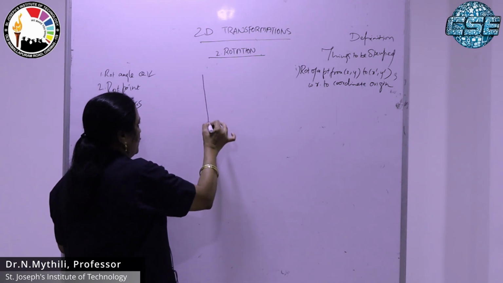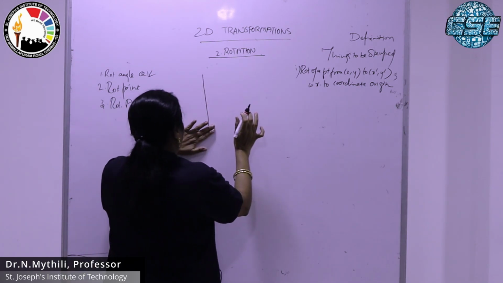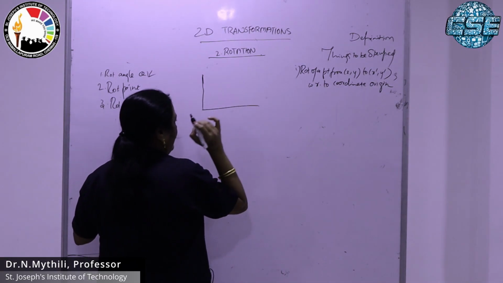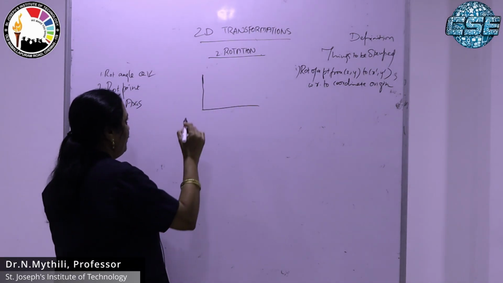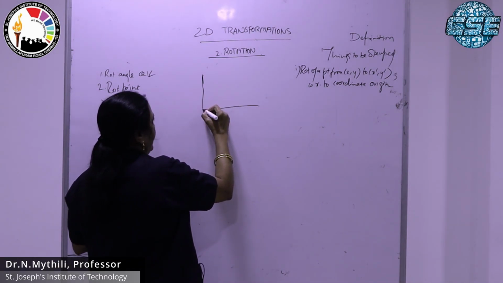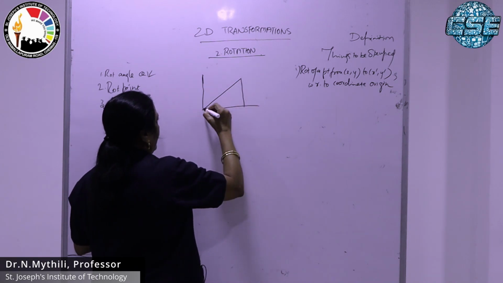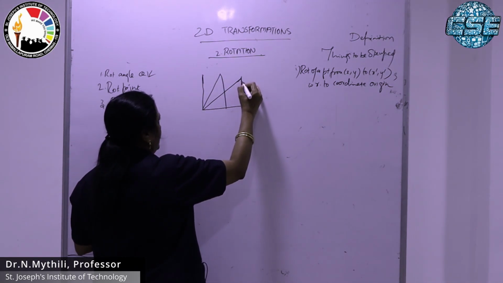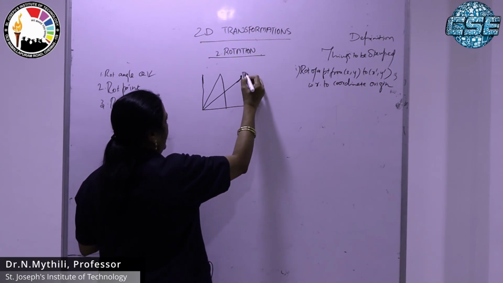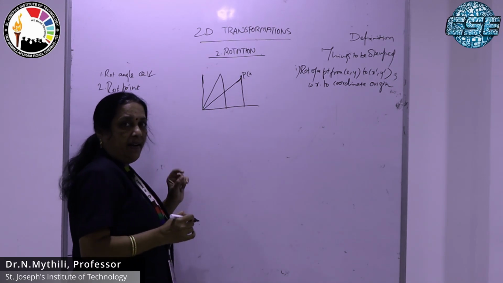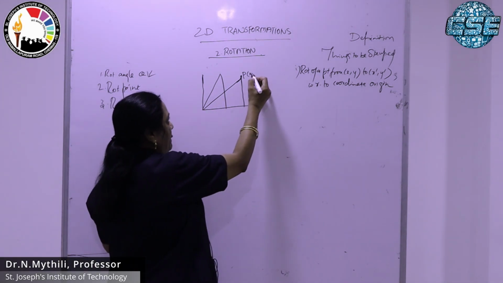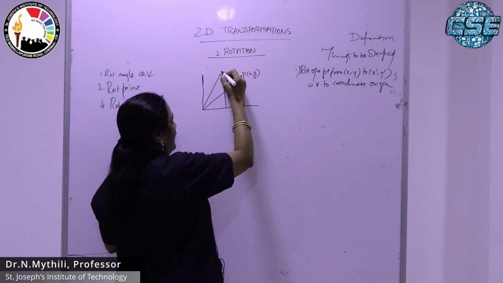Okay, so now we have the axis, right, and both are at the same distance. Now this is the original point P. The spatial location or the coordinate position of the point P is x comma y.